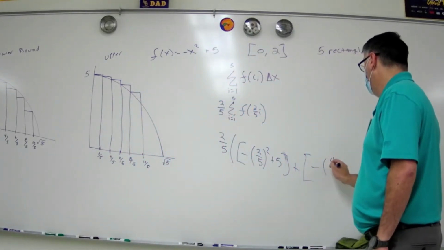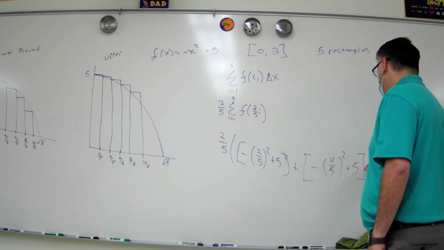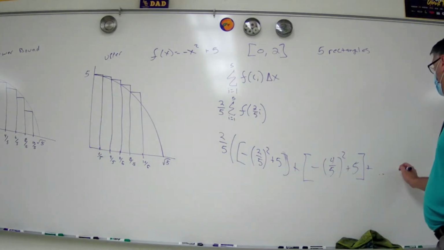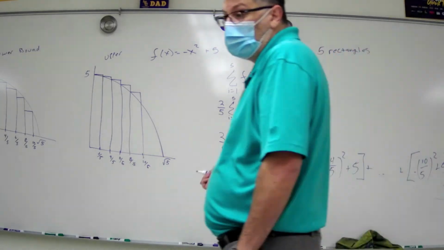Negative 4/5 squared plus 5, plus all the way up to what? 10/5. Do you agree with that statement? That's the expansion of it. From there, you just basically crunch the numbers, yes?